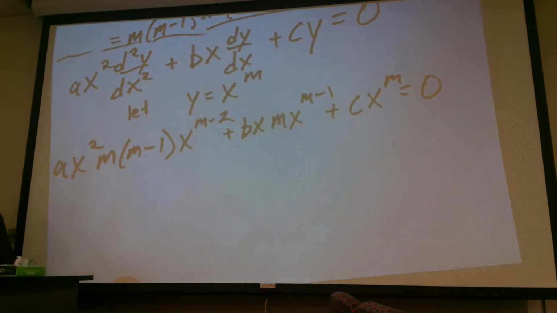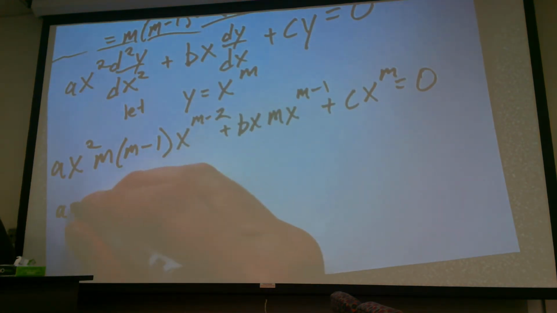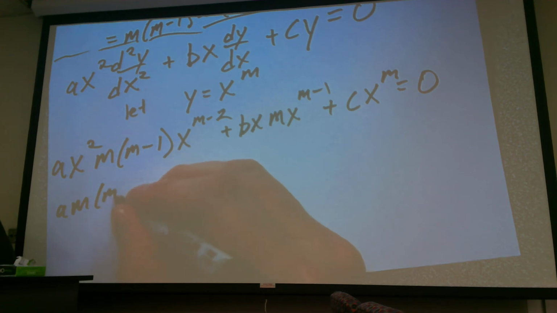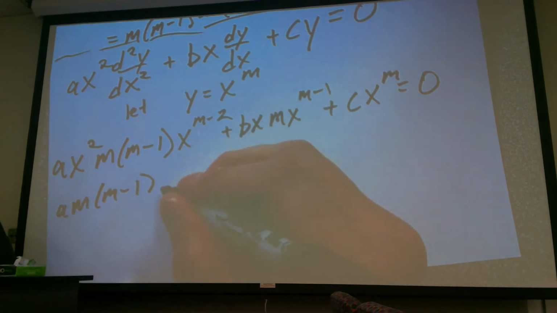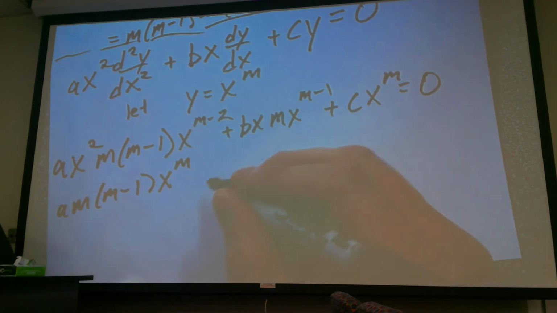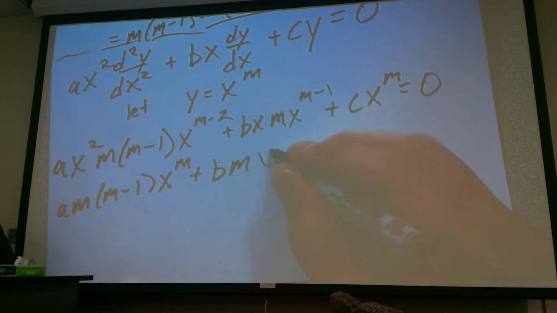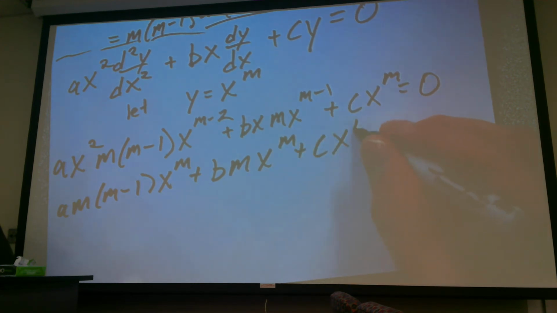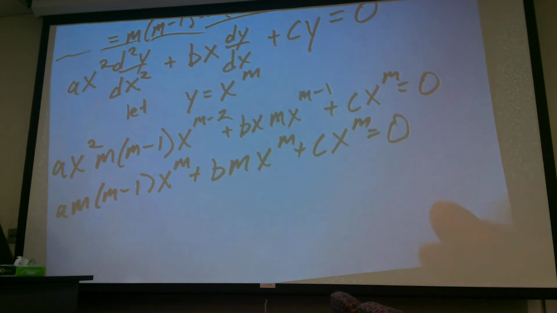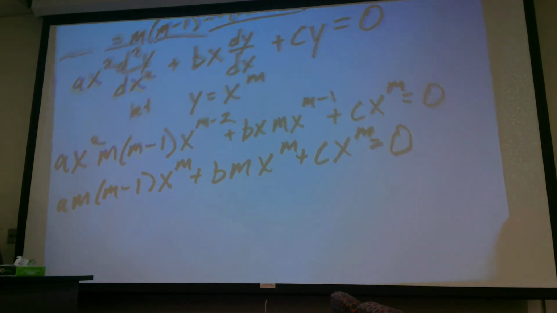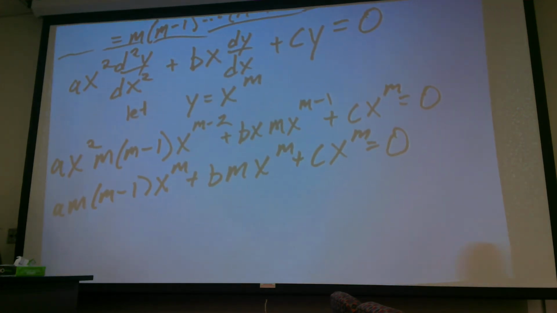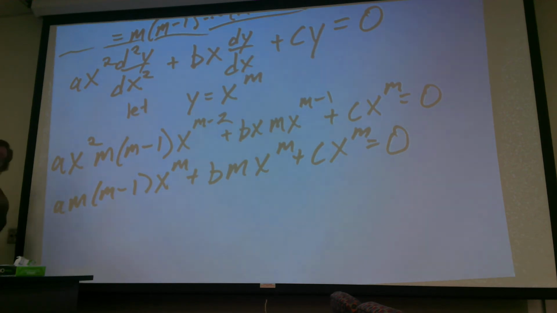So that would be a m minus 1 x to the m plus b m x to the m plus c x to the m, which equals 0. And notice that everybody has an x to the m on it. So that allows me to pull an x to the m completely out of the problem.